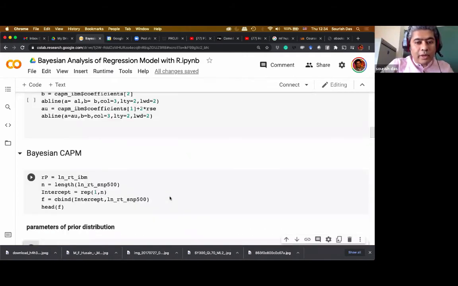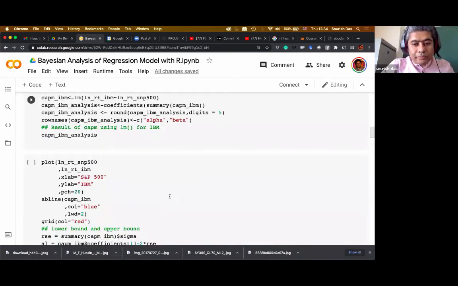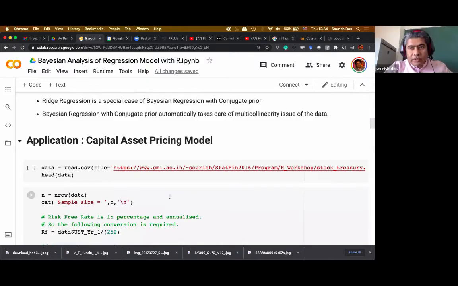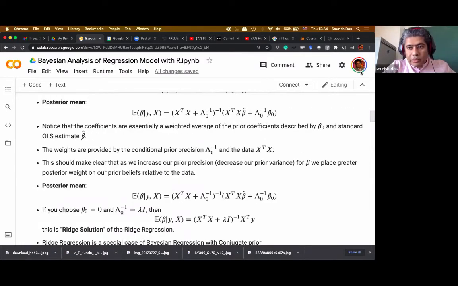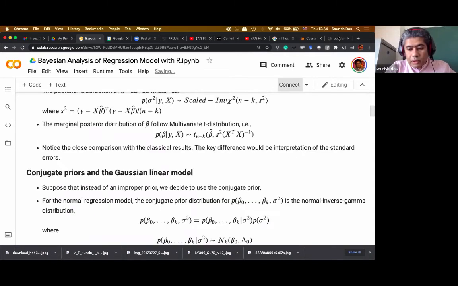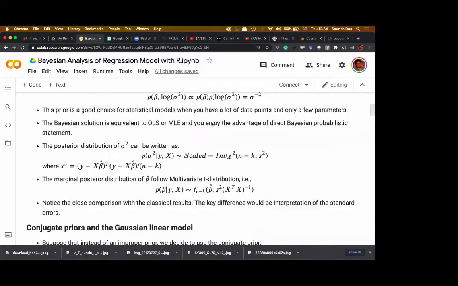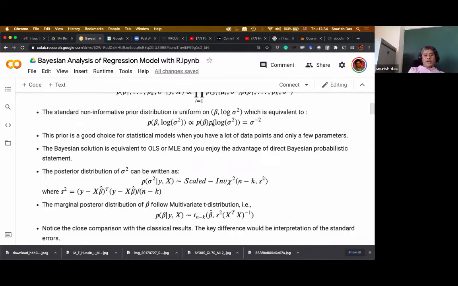So, up to this, you guys are okay, right? Yes, sir. Sir, in the second point, you have written that the prior P of beta comma log sigma square splits up, right? So how is that happening? Good question. I'm not splitting.